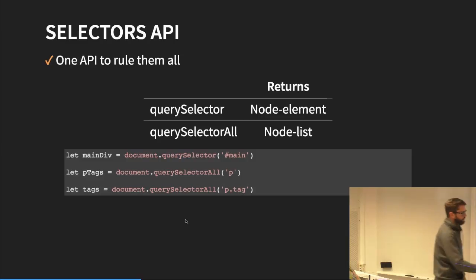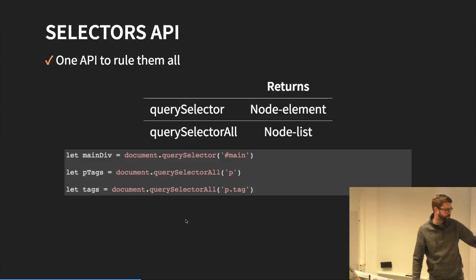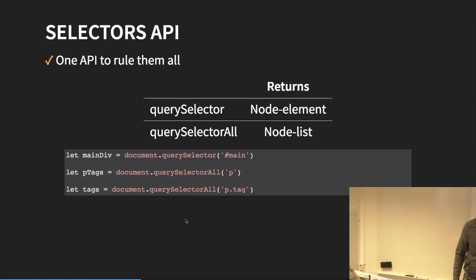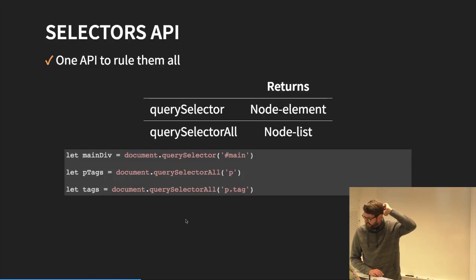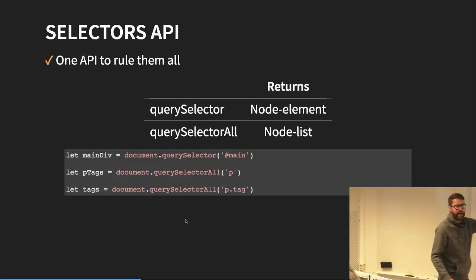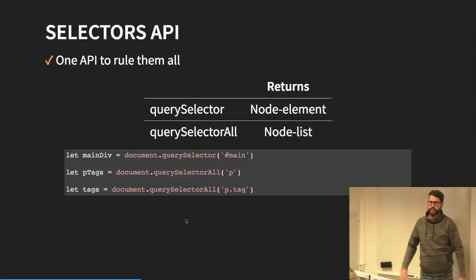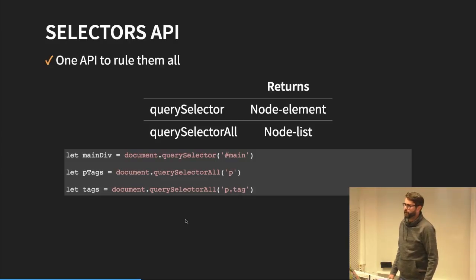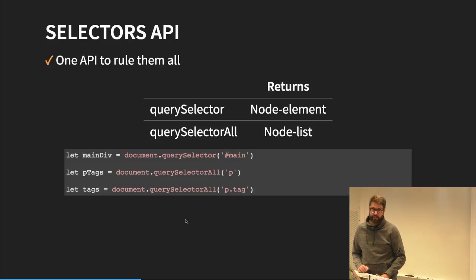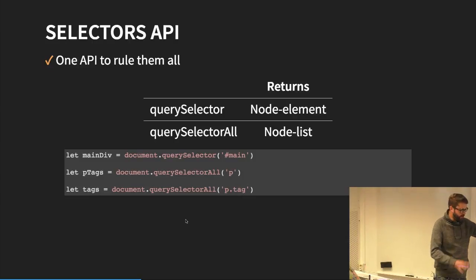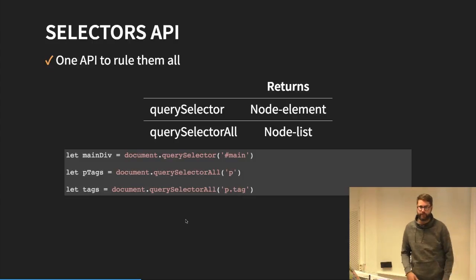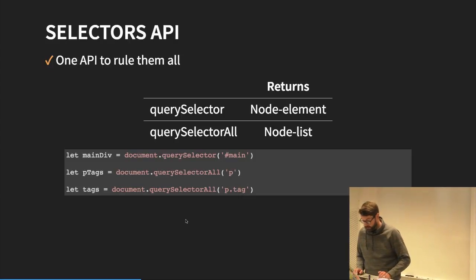So simple, classical CSS selectors, and I can use, I guess, more or less all CSS selectors inside of this API. This will not give you a live node list back. So what this will do is you get a node list, you can work with that node list, and after your code returns, the re-rendering will be executed.